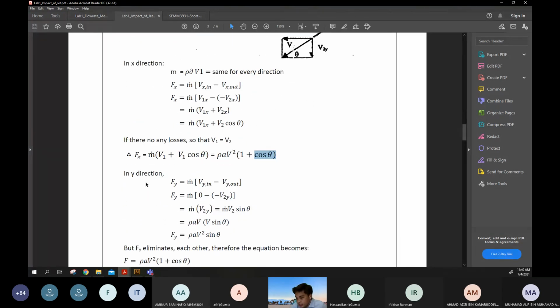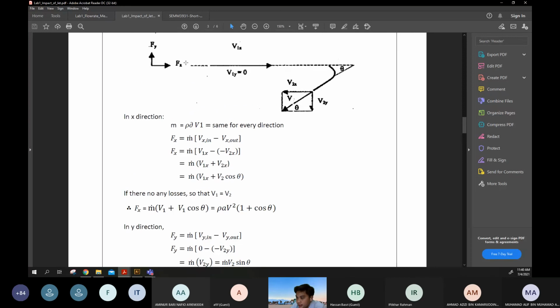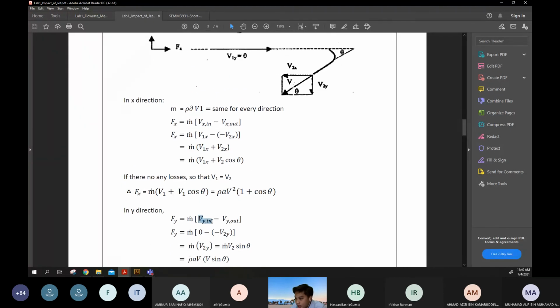For the y direction, this is the equation, the same thing. However, we notice that the inlet velocity is only horizontal. That is why Vy in equals 0 minus V1y. Can you see V2y pointing downwards?